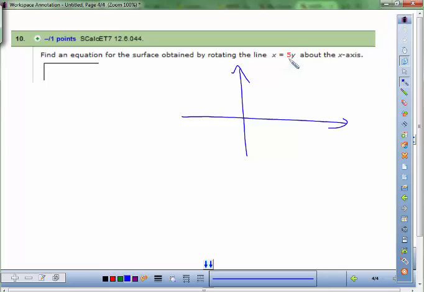So I think if I write this as y equals mx plus b, the b is equal to 0. So it has a y-intercept at 0, a slope of 1/5, which is not steep. And then we're going to rotate it about the x-axis.